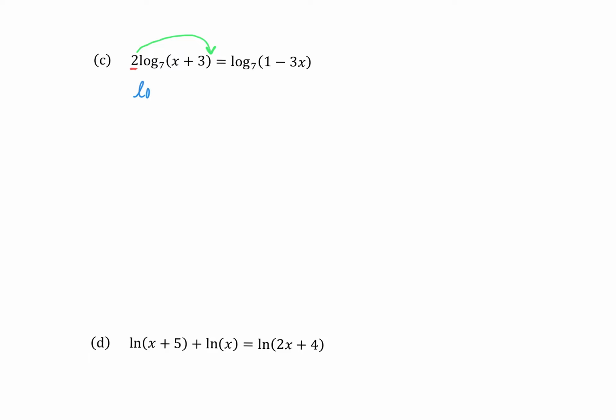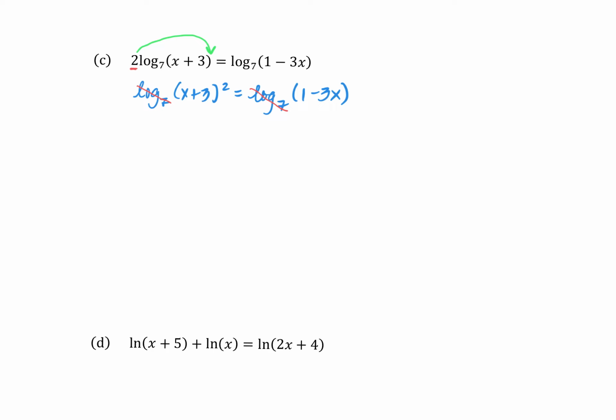So I would write this as log base 7 of x plus 3 squared equal to log base 7 of 1 minus 3x. Now I have log 7 equal to log 7. Again, I don't really care about the argument. I just want to get log 7 equal to log 7. The only way this equation can be true is if the arguments are equal.